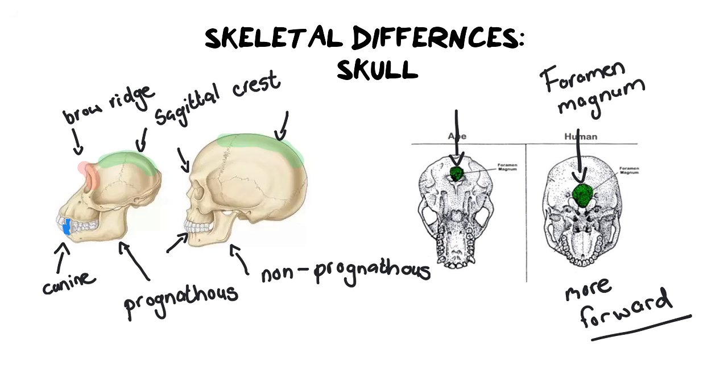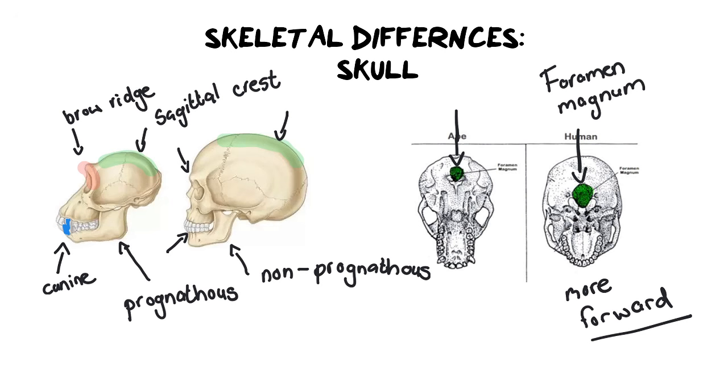Now, just briefly going back to the first point I made about the foramen magnum. The foramen magnum is probably the most important skull indicator of an organism being able to walk on two legs, which is a really important difference because humans walk on two legs all the time, whereas chimpanzees, gorillas, orangutans and other primates don't. They might spend some time on two legs, but not the majority of their time.